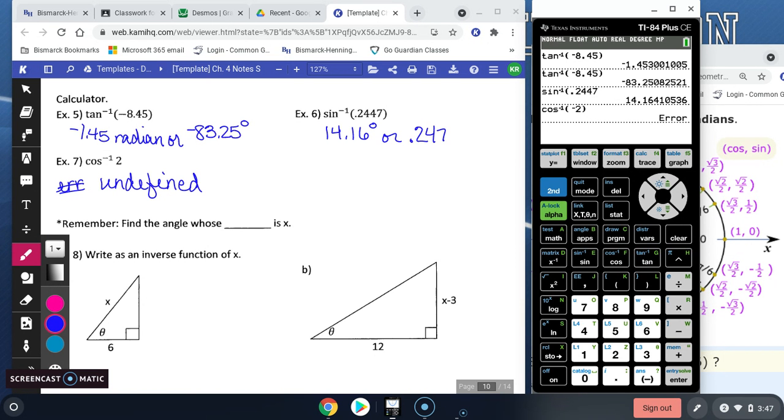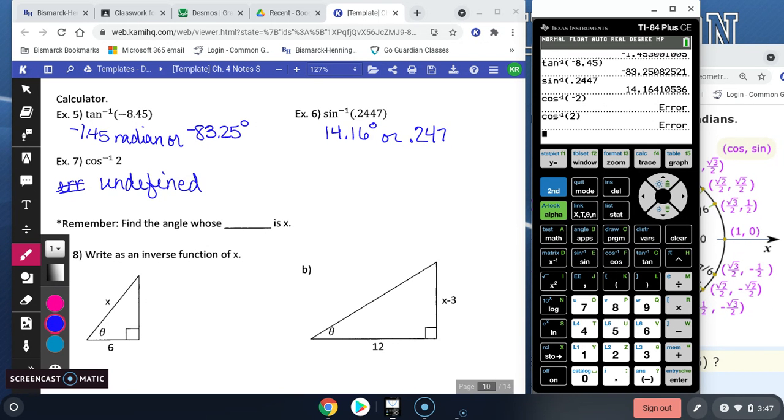It never goes above +1 or below -1. Actually, when I typed that in, I did inverse cosine of -2. It should have been inverse cosine of 2, but the same thing's going to happen, whether it's +2 or -2. It's outside of that domain, so it's undefined.